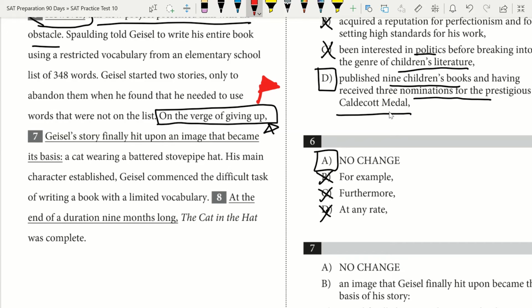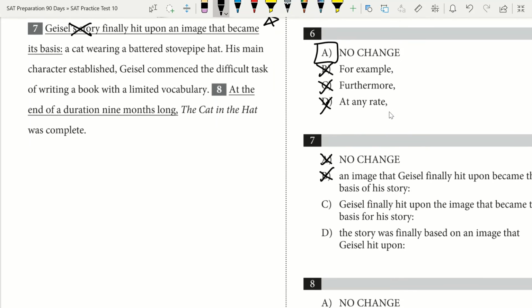On the verge of giving up, who is on the verge of giving up, right? You should ask yourself who or what or where or when following this introductory modifying clause, right? Who is it modifying? In this case, on the verge of giving up, that's going to be Geisel, not Geisel's story. So we know no change is wrong for 7. Not an image. It has to say Geisel. It has to be, as I talked about yesterday, the person that you're modifying.